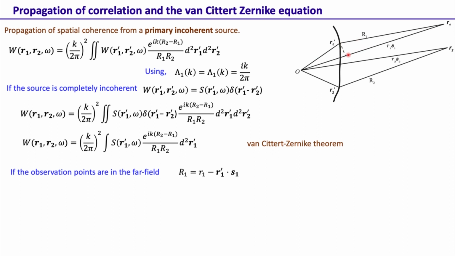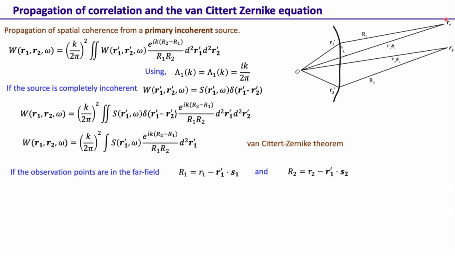So R1 can be approximated by this whole thing, that is R1 minus this quantity, which is just the projection of R1 prime on this direction, and the unit vector in that direction is this S1. So capital R1 is basically small r1 minus R1 prime dot S1. Similarly, R2 is then r2 minus R1 prime dot S2.